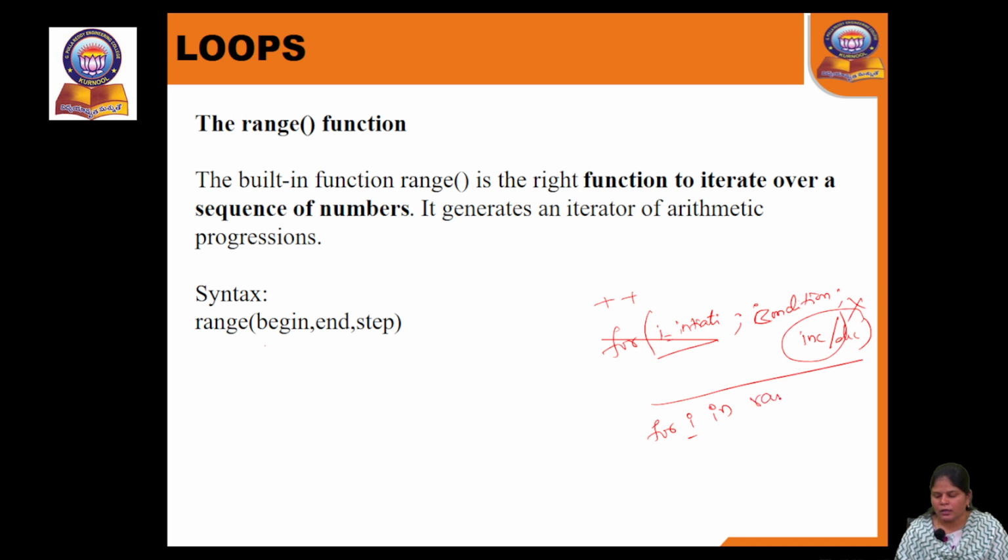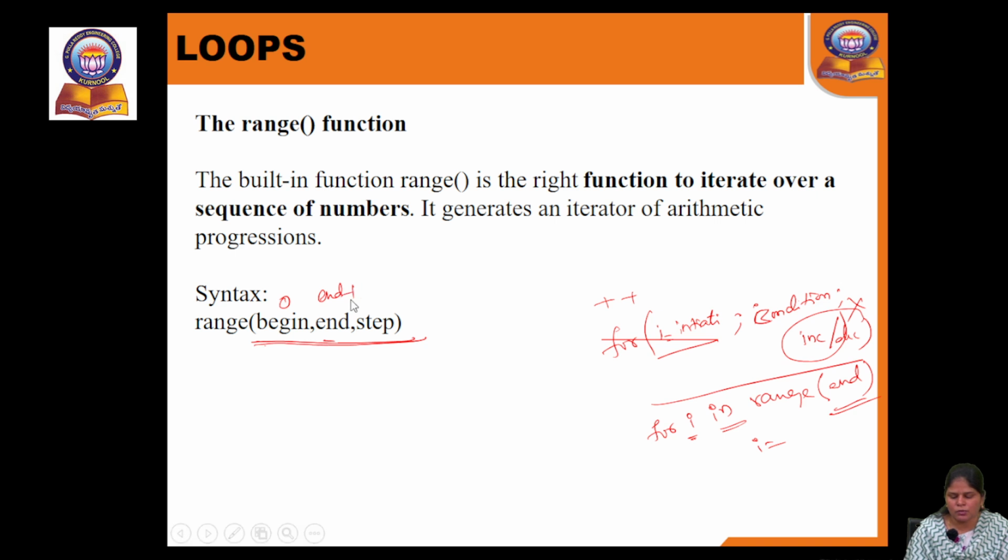In a range we will be using the membership operator in. So range of, either I can go using all these or I can just use the end part itself. So initially it will be initialized with the default. The default begin value will be 0. Default end value is end minus 1.